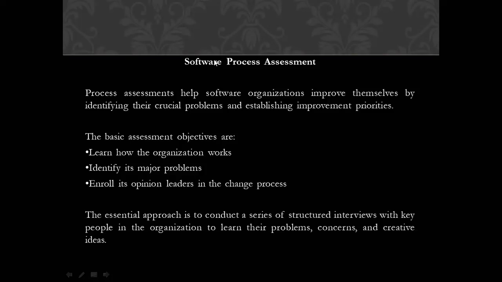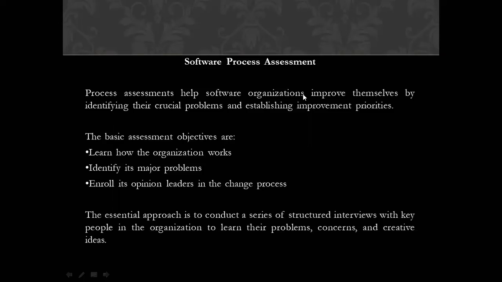It is a review of the organization to advise the management and the other professionals of the organization on how they can improve their operations. That is called software process assessment. Or you can go through the first line again to understand it properly.